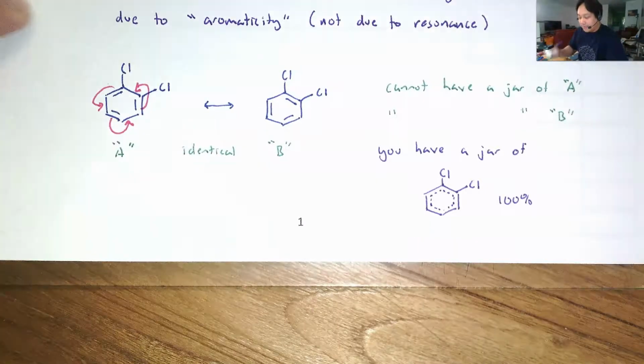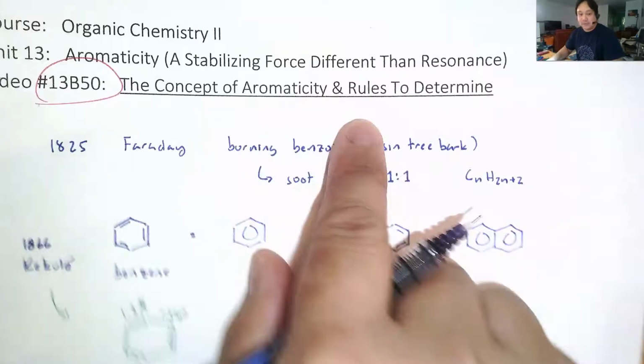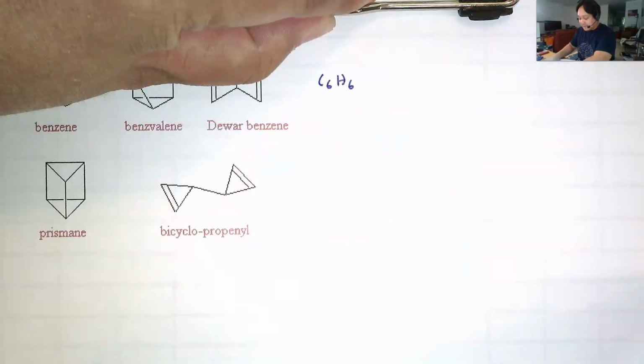Okay, so that's part one, or one of the points that I want to get to before we get to the rules to determine aromaticity. Number two is this. Experimentally, is it stabilized?